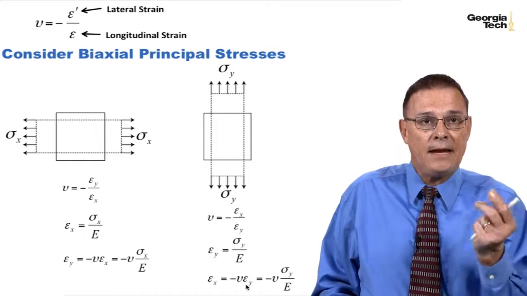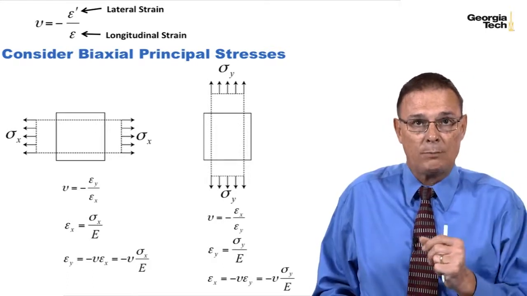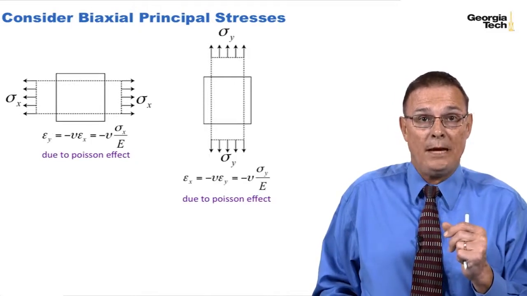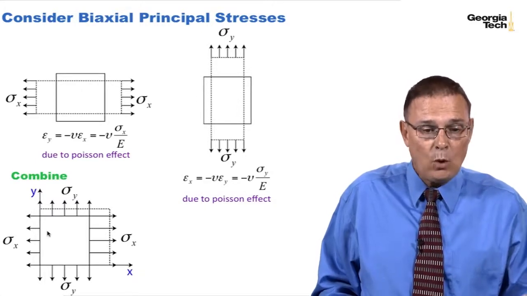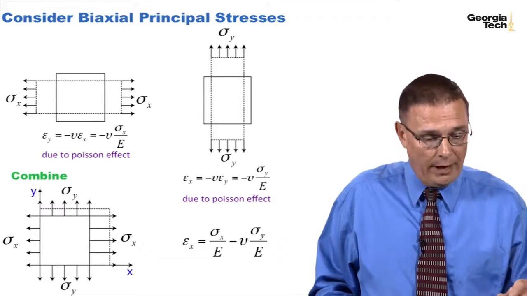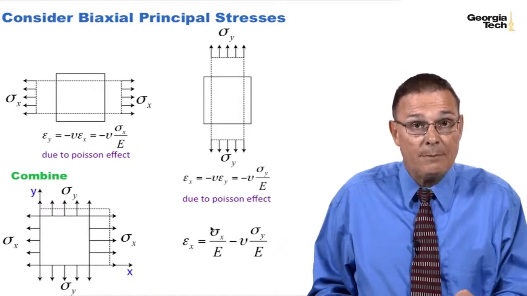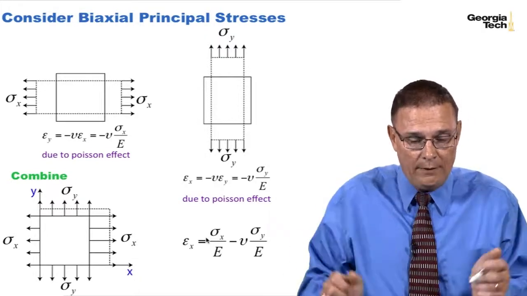Okay, so now we took the x direction and the y direction applying principal stresses. Let's put them together. And so here's what we came up with so far. If we combine those, we're going to have a biaxial loading condition. And for epsilon sub x, we're going to get sigma sub x over Young's modulus for the Hooke's law strain in that direction.